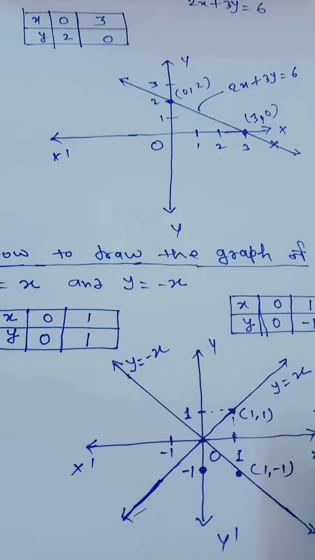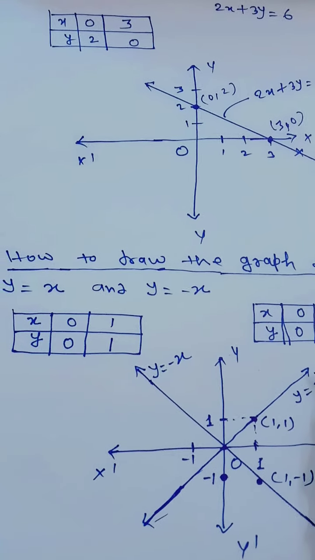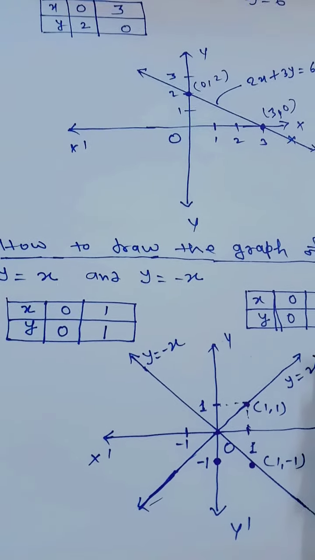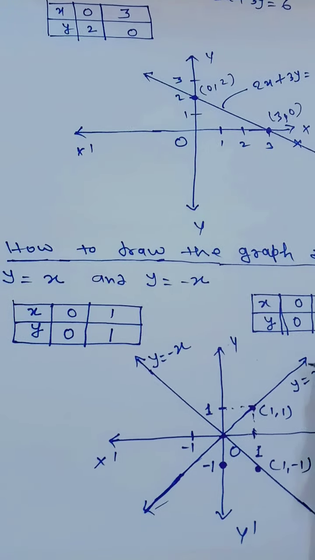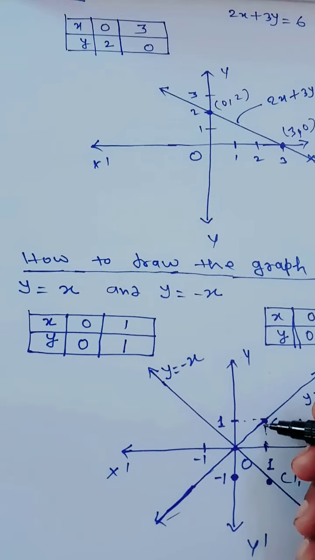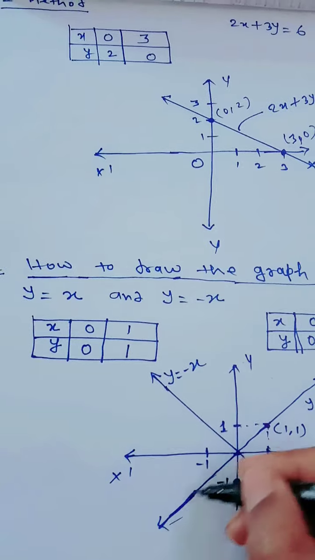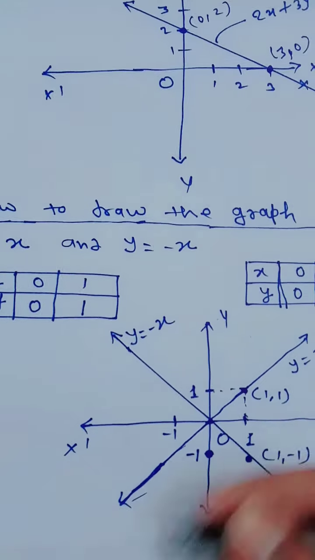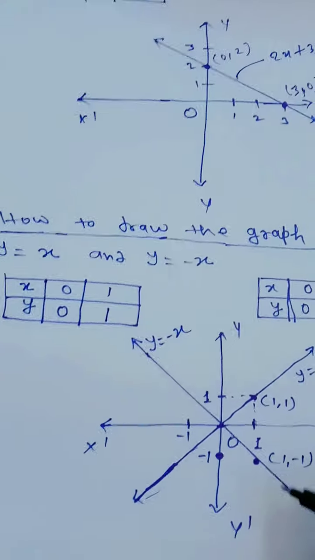We know that a straight line can pass indefinitely through both sides, so we have extended this line on both sides.